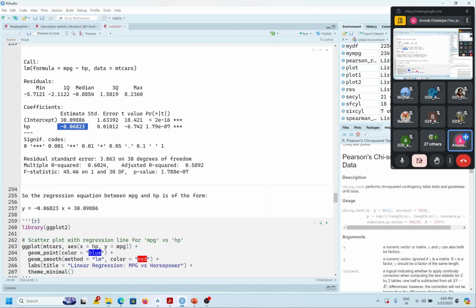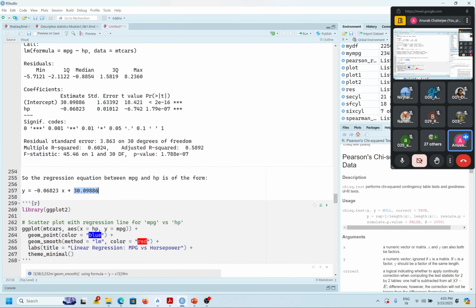So your regression line should look something like this: y equal to minus 0.06823x plus 30.09886. So essentially you generate a model depending on the data you have, and using this model you can actually predict, depending on how much HP your car has, what the final mileage that your car gives should be.